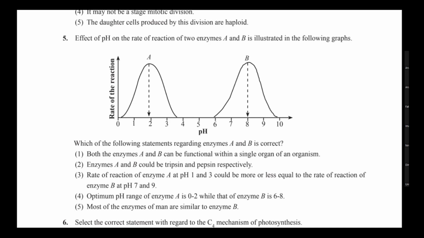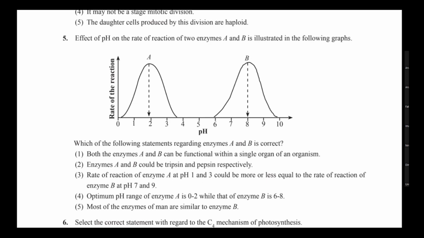3. Rate of reaction of enzyme A at pH 1 and 3 could be more or less equal to the rate of the reaction of enzyme B at pH 7 or 9. We'll keep that answer. Let's go to fourth one. Optimum pH range of enzyme A is 0 to 2, while that of enzyme B is 6 to 8. Right?